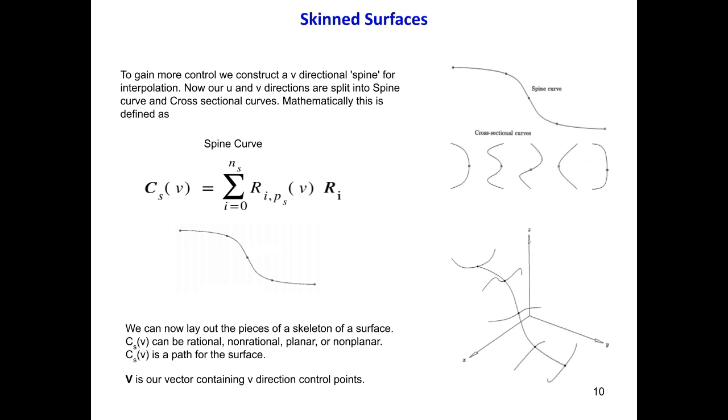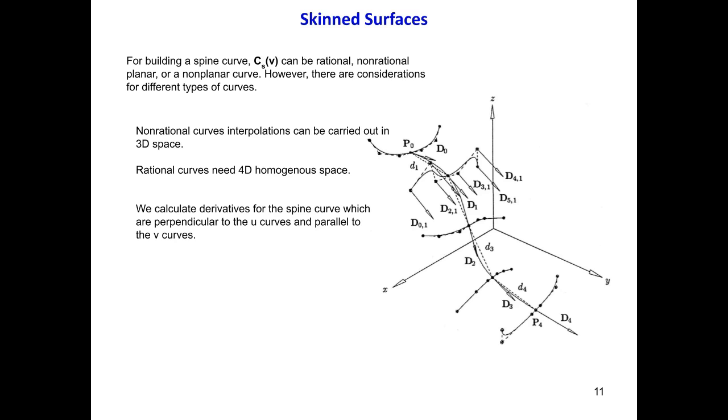We have to consider what type of curves we're using in surface construction. The curves can be rational, non-rational, planar, non-planar. But depending on what kind of curves we're using, you're going to have to use a different method for surface construction.